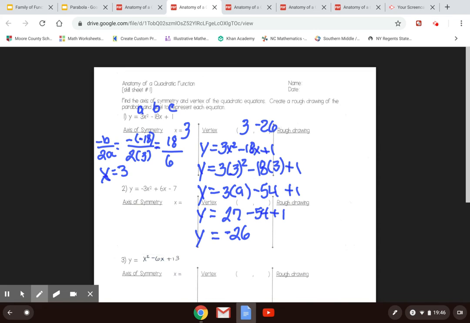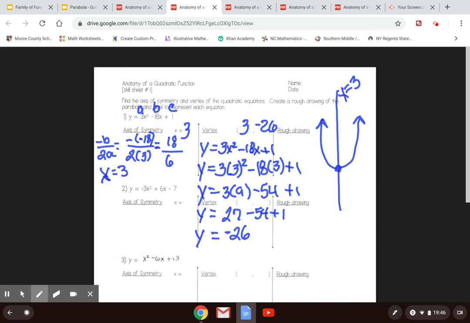So if I make a sketch of what this parabola is going to look like, I know it opens upward, because like we already reviewed, when I have a positive a value, it's going to open upward. So that's what it looks like. My axis of symmetry is the line right down the middle, which here is the line x equals 3. And then my ordered pair is the vertex, which is the turning point for this parabola.